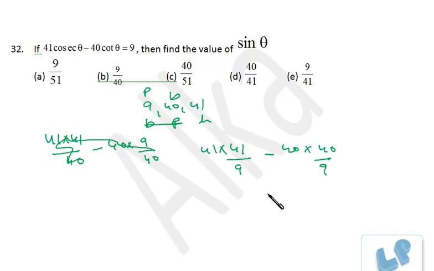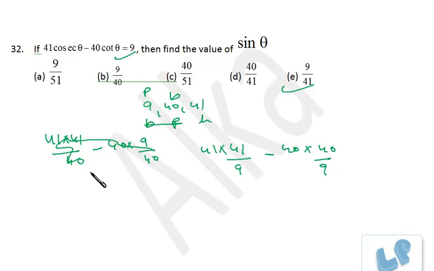So it's 41 square, that is 1681, minus 40 square, 1600, so 81 by 9 is 9, so that means we are getting 9. That means 9 is perpendicular, 40 is base, and 41 is hypotenuse. Sin theta is what? In that case, perpendicular by hypotenuse, so that's 9 by 41, right?